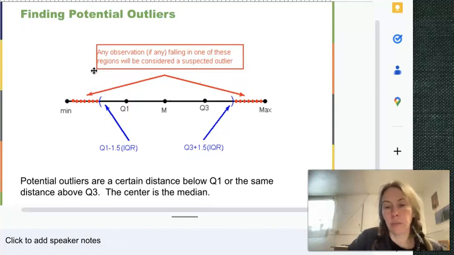There's a rule in your book that says that any value bigger than Q3 plus 1.5 times the IQR. So this is a formula that gives you a cutoff, and anytime you have a data value bigger than Q3 plus 1.5 times the IQR, that data value is a suspected outlier.